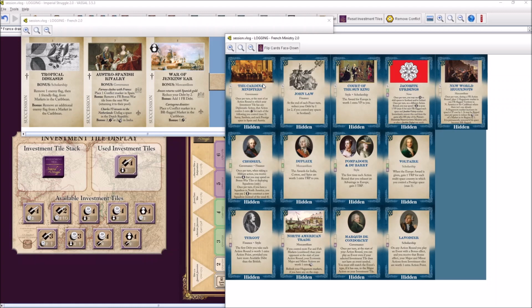We actually have the cardinal ministers, one of the best cards, but beware, most of the cards for the French are pretty much restrained by some conditions. They are more powerful than the British ones, but still, in order to play them with the full effect, you need some prerequisites to be fulfilled. So let's play. Let's send it to the mate.